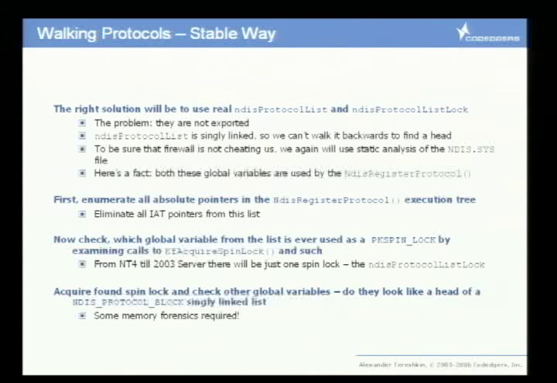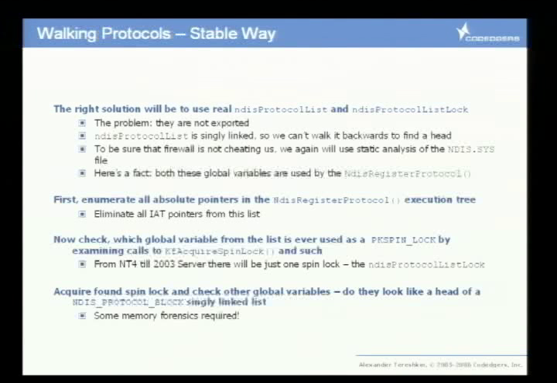This variable will be our needed spin lock which protects the list of protocols, and it's called ndis protocol list lock. Then we will acquire this spin lock, and after that, we will try to walk every other global variable found by the static analysis of the NDIS register protocol function.